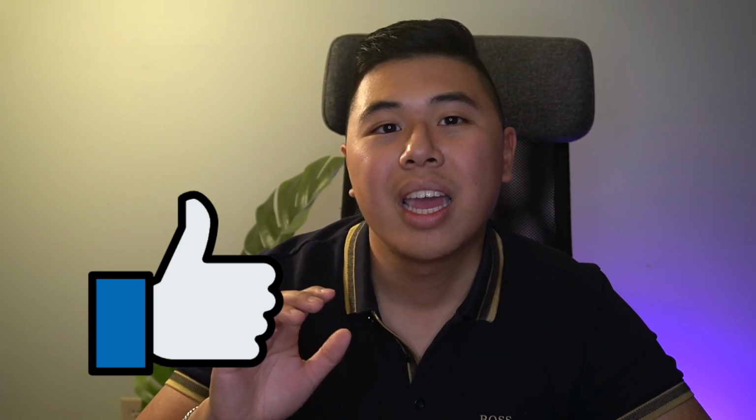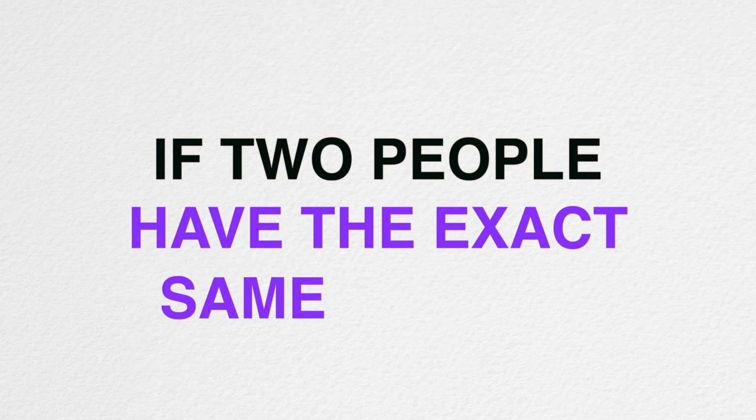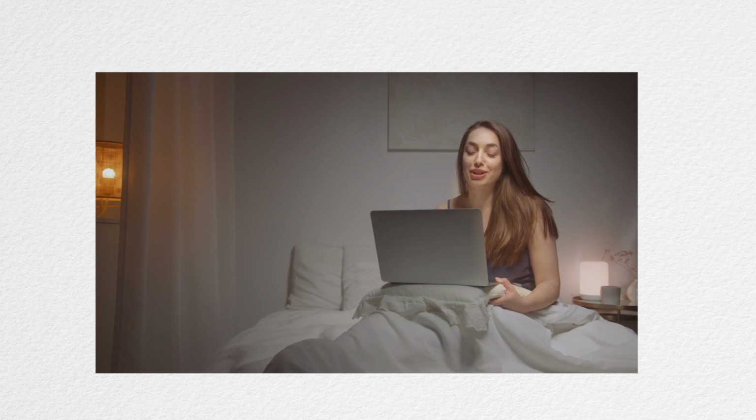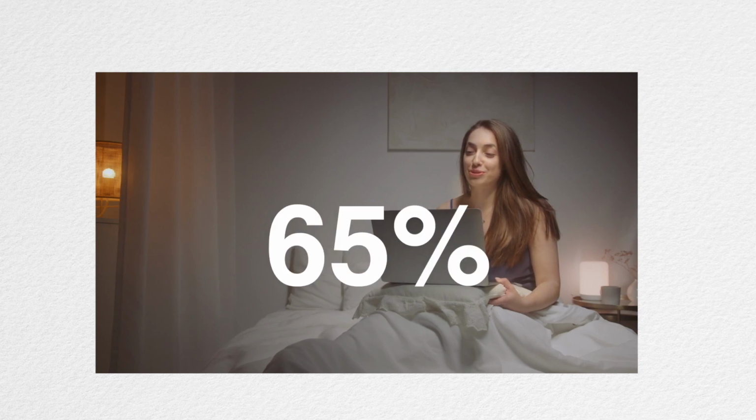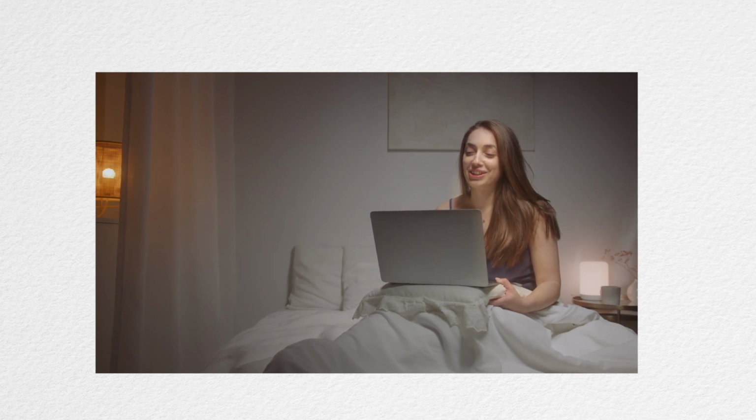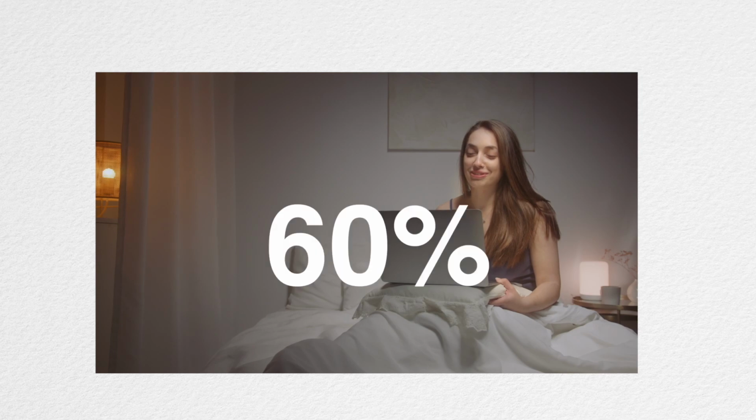If people are watching less, ultimately YouTube's not going to promote that video as much. Let me give you an example. If 2 people have the exact same video and somebody watches 65% of one video and the same video by a different audience is watched by 16%, YouTube itself obviously isn't watching the video.